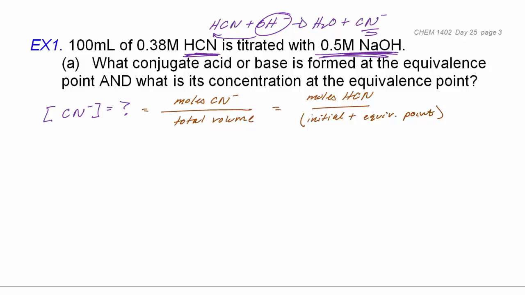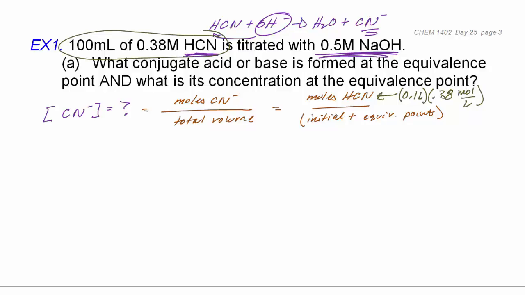So let's find the moles of hydrocyanic acid first. That is just going to be 0.1 liters times 0.38 moles per liter. Right? I'm getting that from right here. So that part's done.